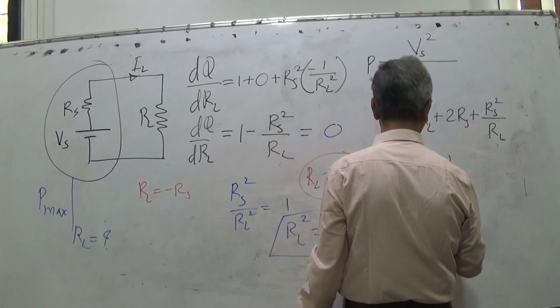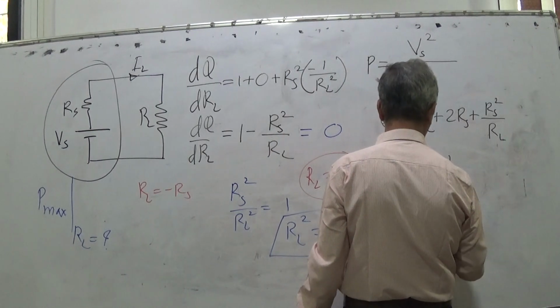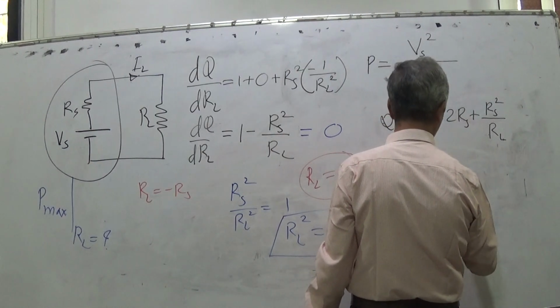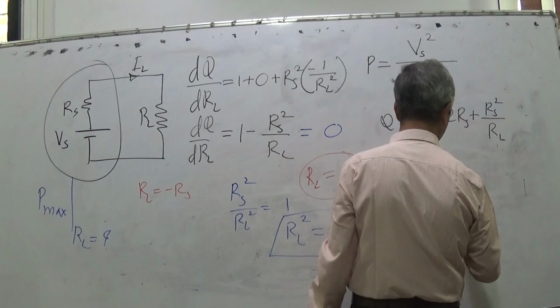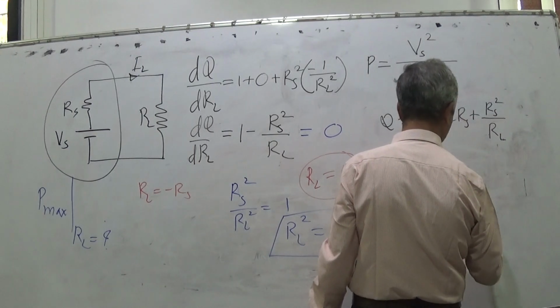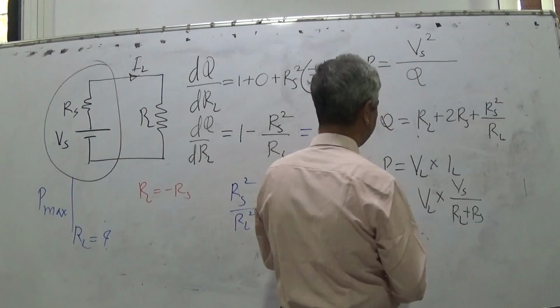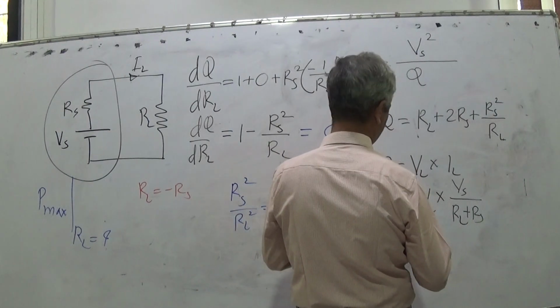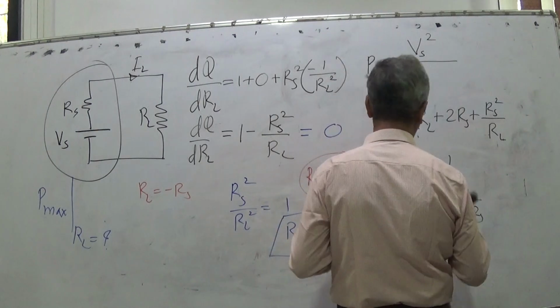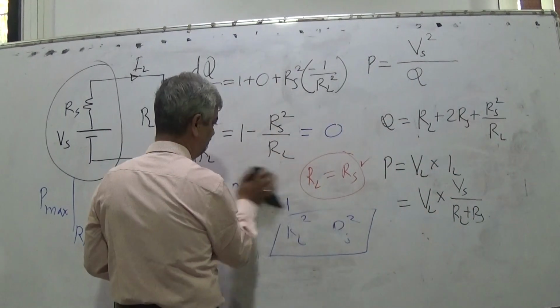It is equal to VL into Vs upon RL plus RS. By various methods you can derive the expression for it.